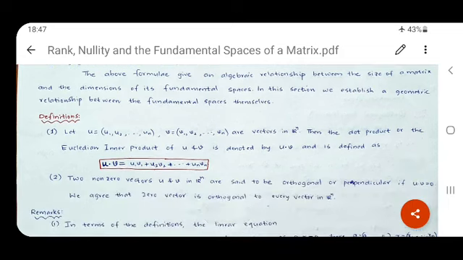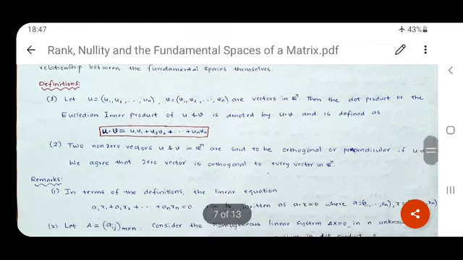The second definition: 2 non-zero vectors u and v in Rn are said to be orthogonal or perpendicular if their dot product u dot v is equal to 0. So any 2 vectors whose dot product is 0 are orthogonal or perpendicular. Again you can compare with the vectors you have studied. We agree that the 0 vector is orthogonal to every vector in Rn.